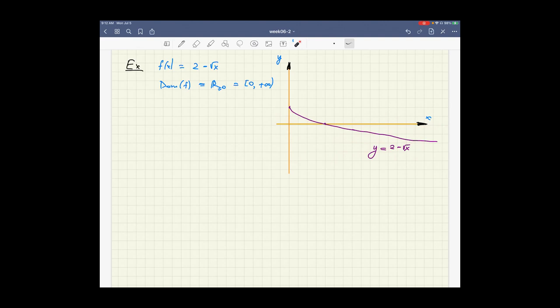Now, what about being surjective? Well, if you view this function from 0 infinity to the entire real line, if you take codomain y to be the entire real line, it definitely won't be surjective, but we can just take codomain y to be the image, which is the set of all real numbers that are less than or equal to 2.